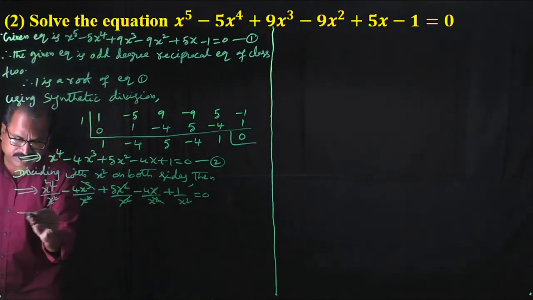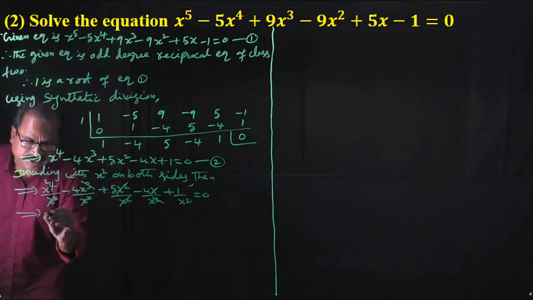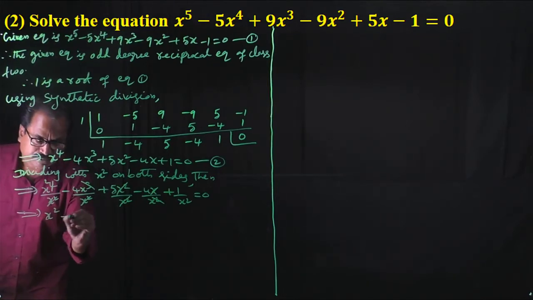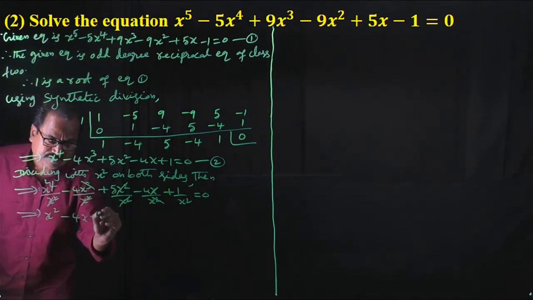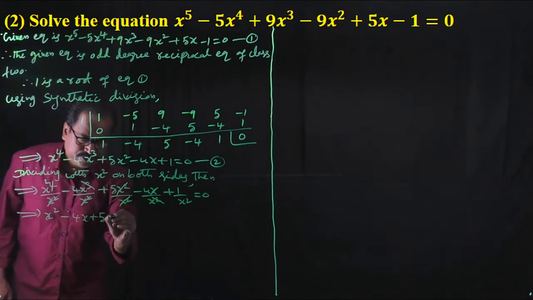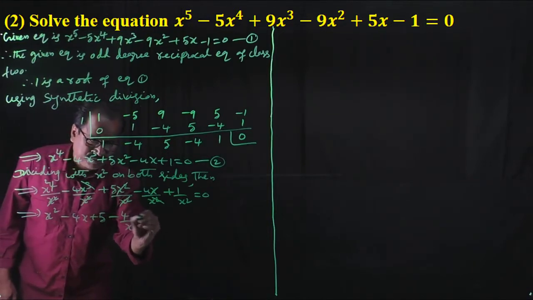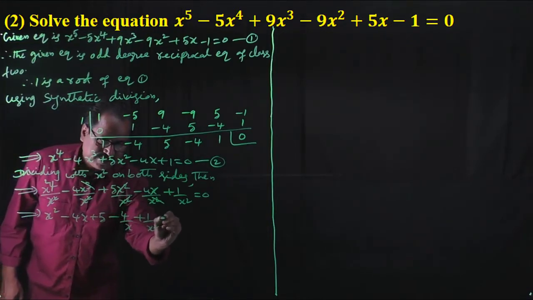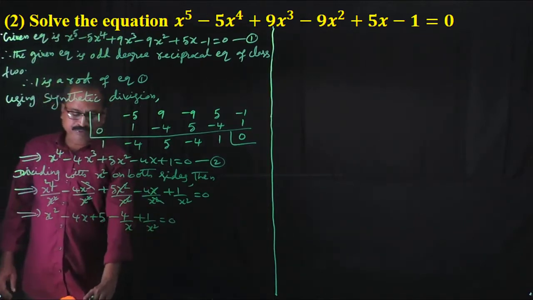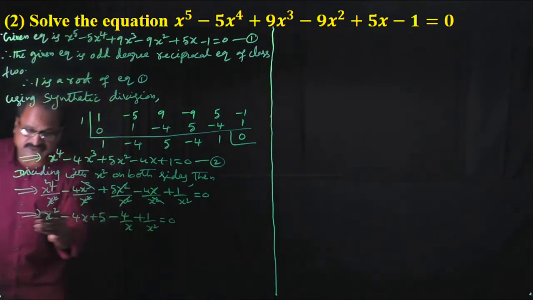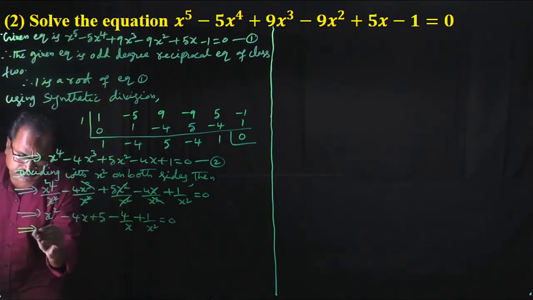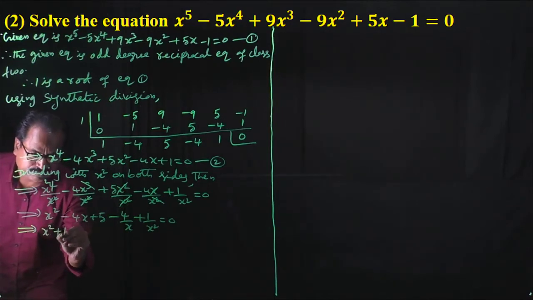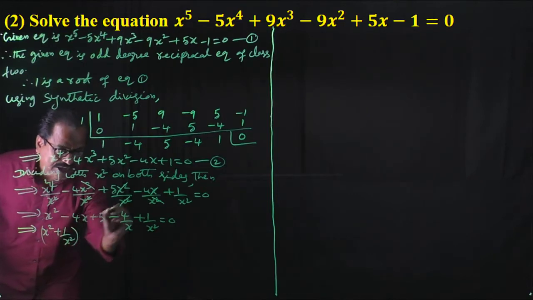So this implies x square minus 4x plus 5 minus 4 by x plus 1 by x square is equal to 0. Here x square plus 1 by x square minus 4x minus 4 by x.